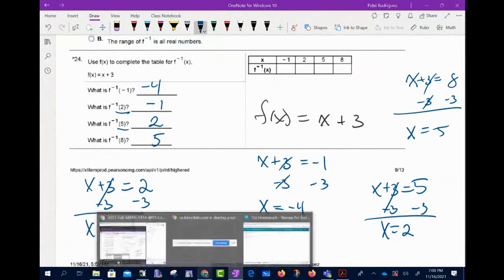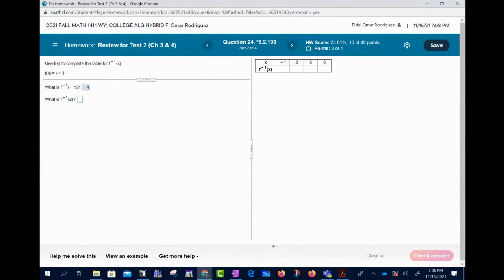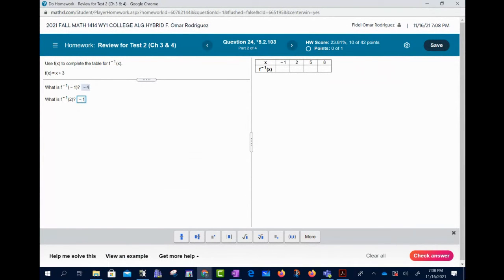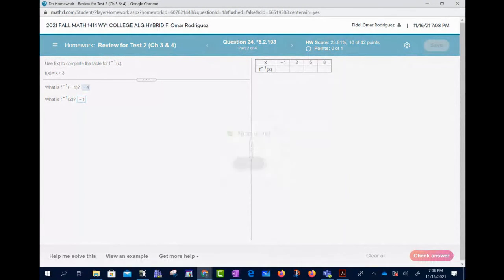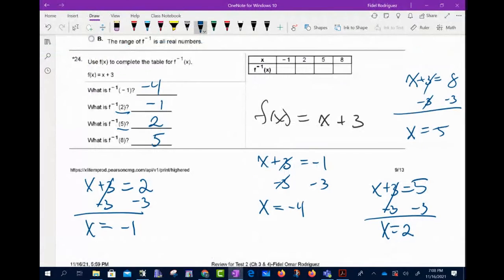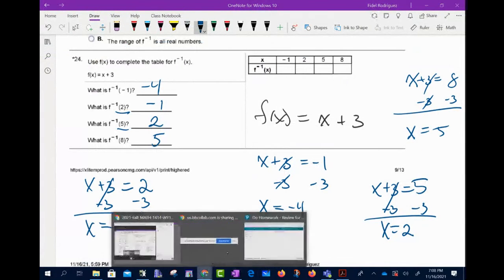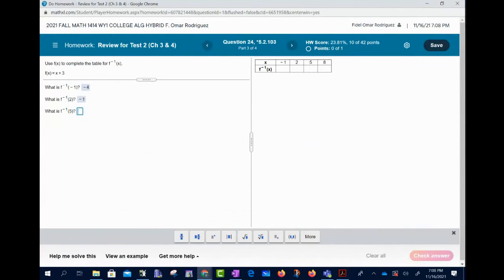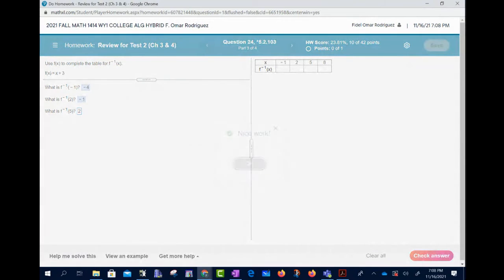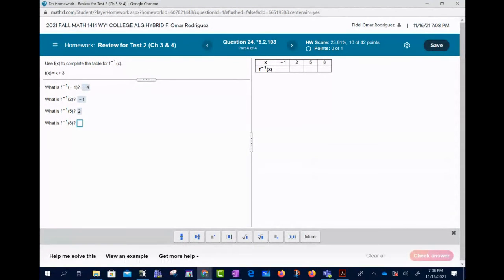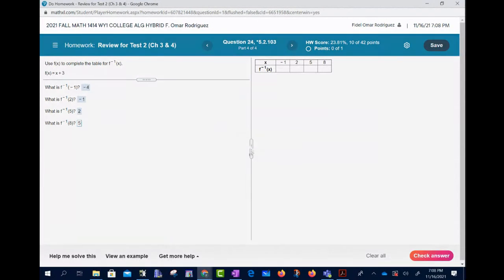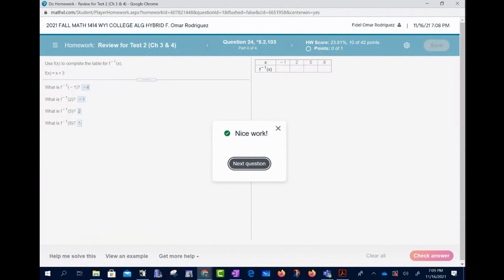The second number we came up with is -1. So right here, y'all, we're going to go -1. We're going to check it. All right. The third time we came up with 2 and then a 5. So here we got a 2. Perfect. And then here we got a 5. And we got that one too.